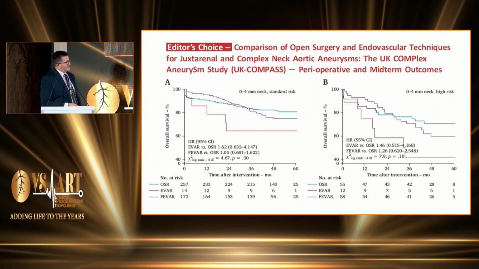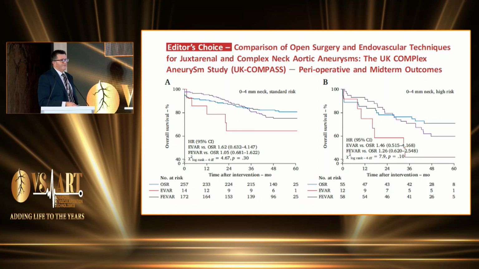And what was really interesting for this is if you look at the curves, the purple is FEVAR, the blue is open surgical repair, and EVAR in these 0 to 4 millimeter necks, so very short necks, juxtarenal aneurysms. FEVAR came out better over the short to medium term than open surgical repair.